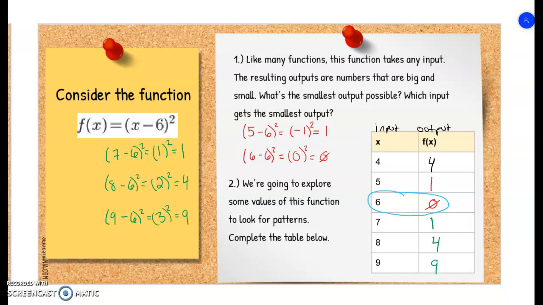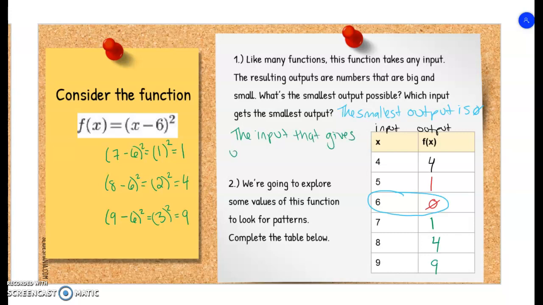So we can say the smallest output is 0, and the input that gives us the smallest value is 6.